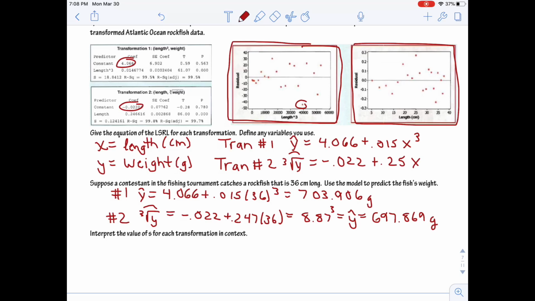And then interpret your S. Okay, so first S here. Okay, remember S is the average error that you have using your equation.